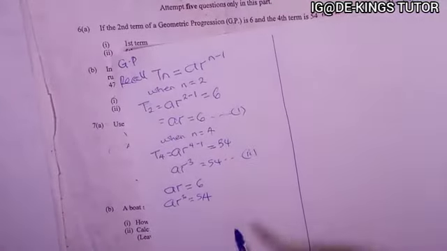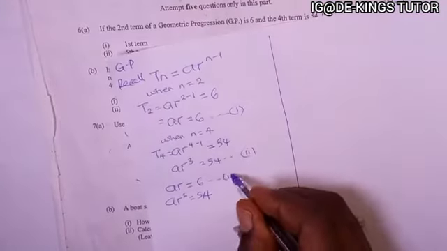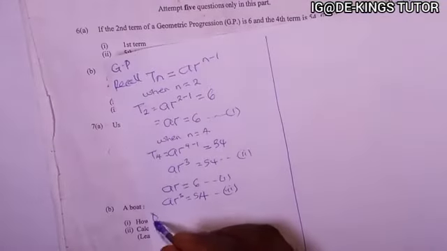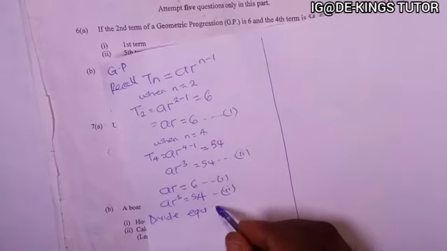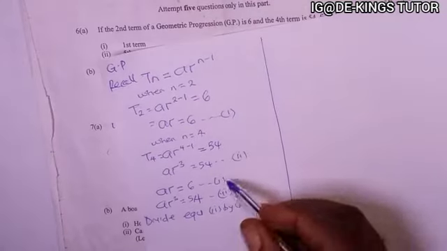Since it's a GP, to eliminate we have to do what? Divide equation 2 by equation 1.